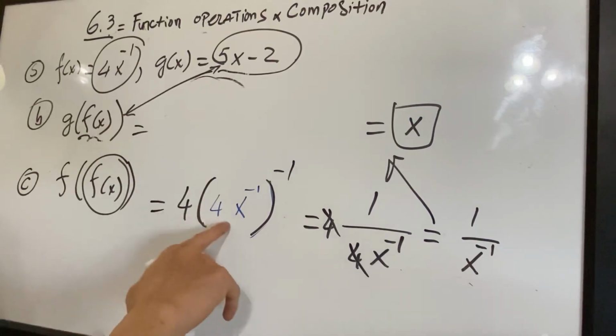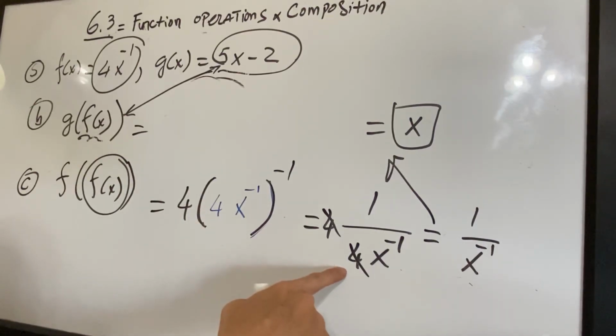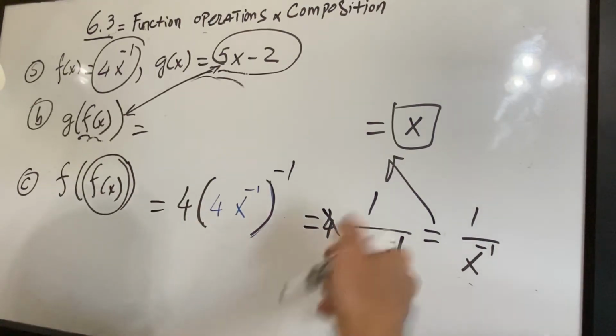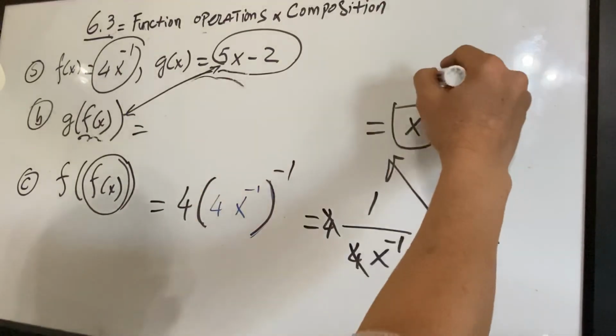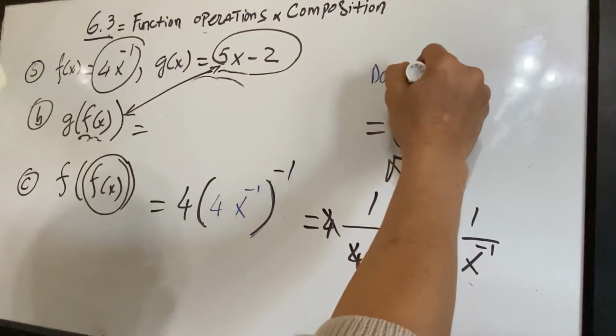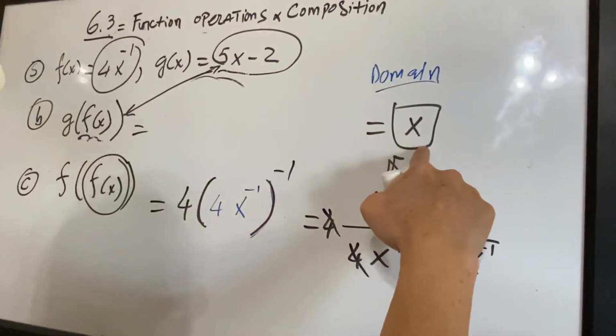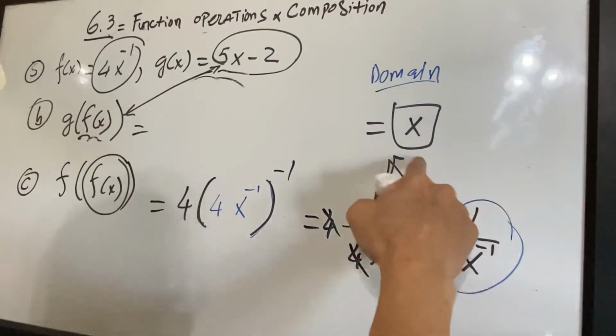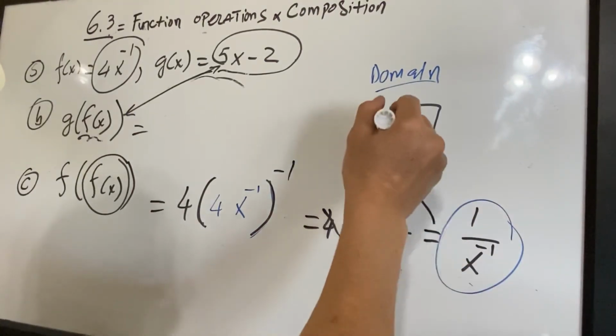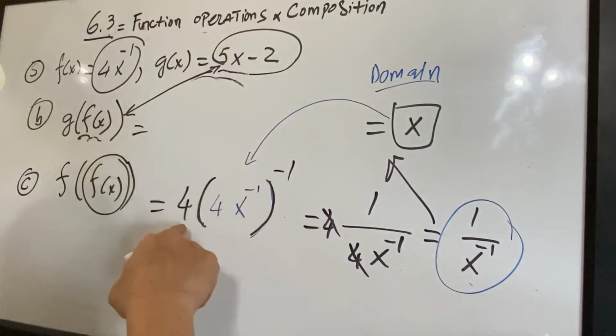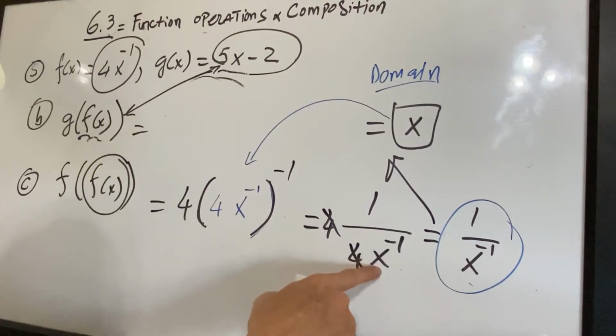But you have to go back to the original function. Mr. Deng, what is the domain for this guy? The domain, even though now you got it in the simplest form, you have to be careful with where you come from, the original guy right here, which means you cannot have 0 in the denominator.